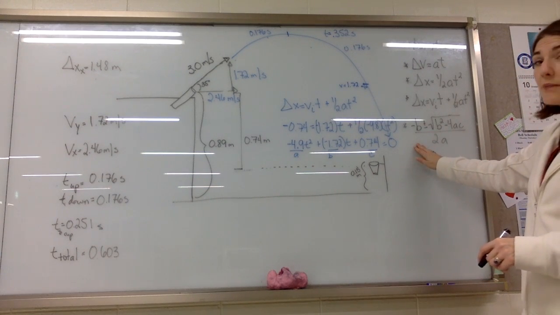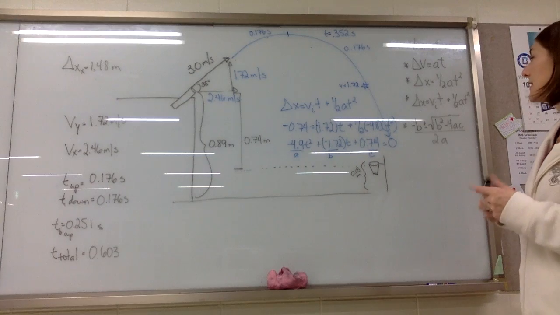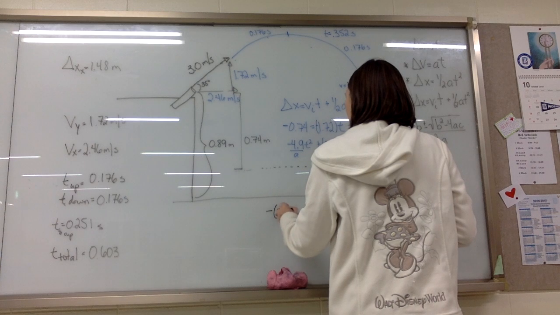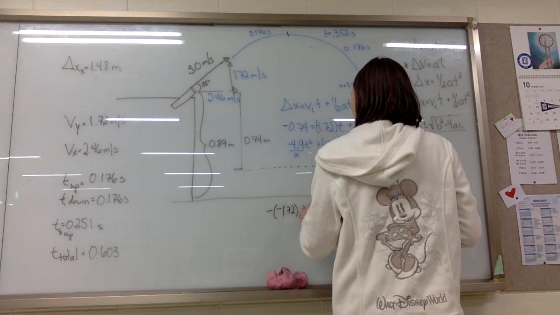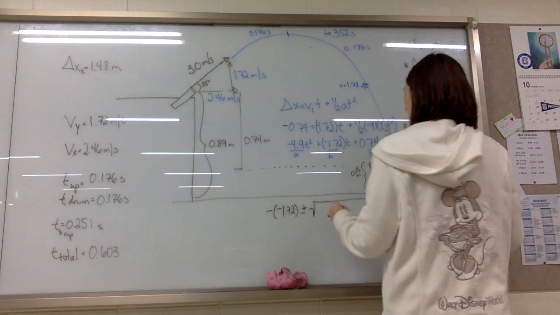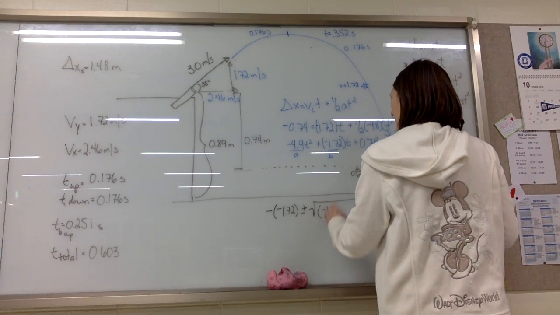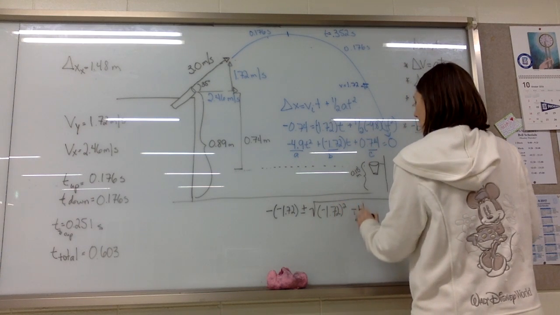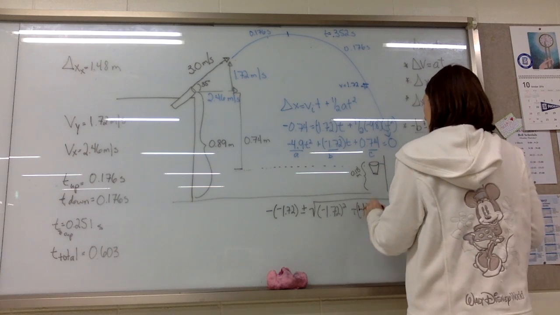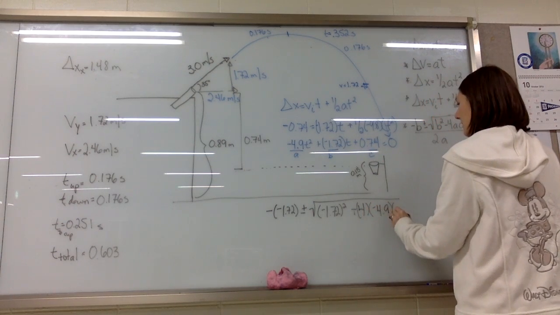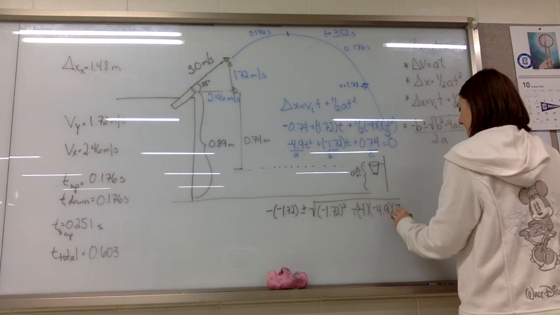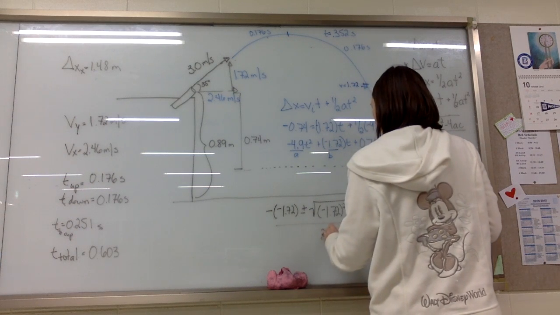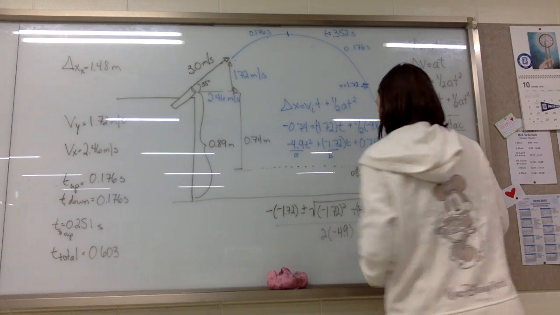Negative B plus or minus the square root of B squared minus 4 times A times C, all over 2 times A. Okay.